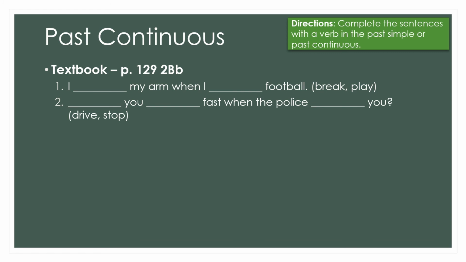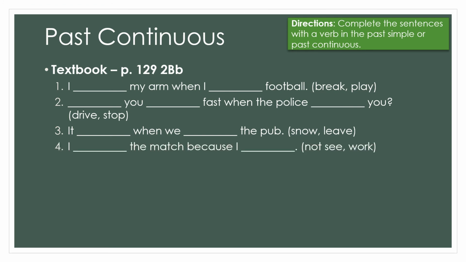Number 2, blank you blank fast when the police blank you, using the verbs drive and stop. Number 3, it blank when we blank the pub, using the verbs snow and leave.